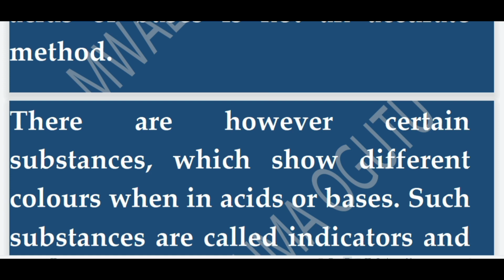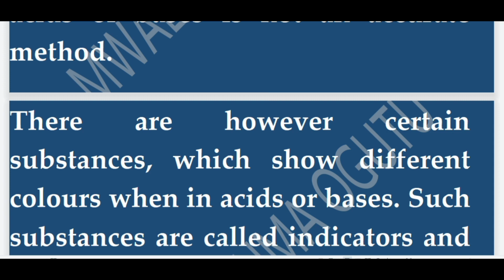So other than testing using the tongue, we have some substances that show different colors while in bases and acids, and that will help us clarify if a substance is an acid or a base.